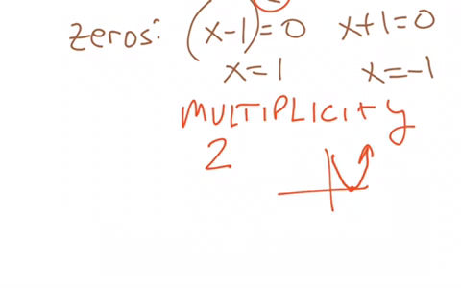In other words, anything that has an even power is going to have a sort of bouncing effect, whereas if it has an odd power, like at negative 1, it would cut through. I don't know what the graph looks like exactly, but if it bounces, it will hit and then bounce up, whereas if it's an odd power, it'll simply cut through.